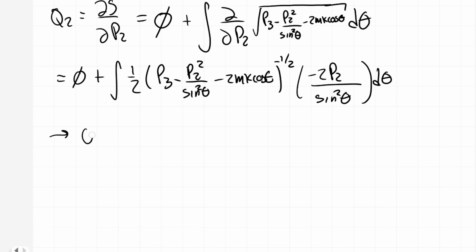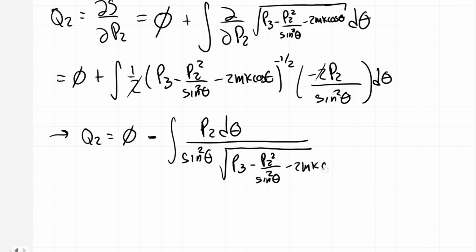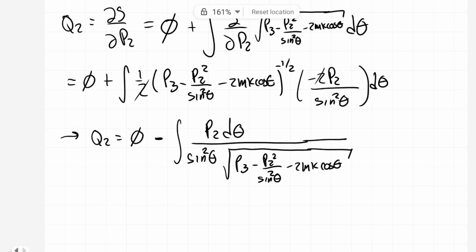And this leads us to Q2 equal to phi minus, these two can cancel with this, the integral of p2 d theta divided by sine squared theta times the square root of p3 minus p2 squared over sine squared theta minus 2mk cosine theta. Okay, perfect. So this will be Q2.